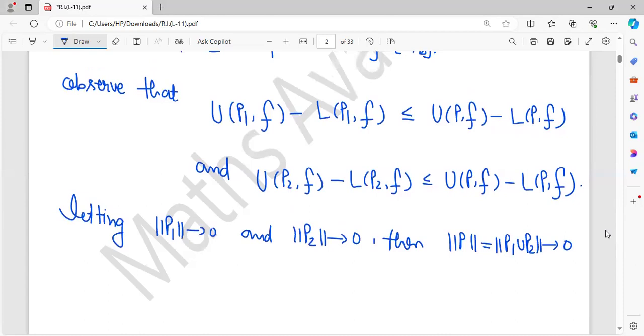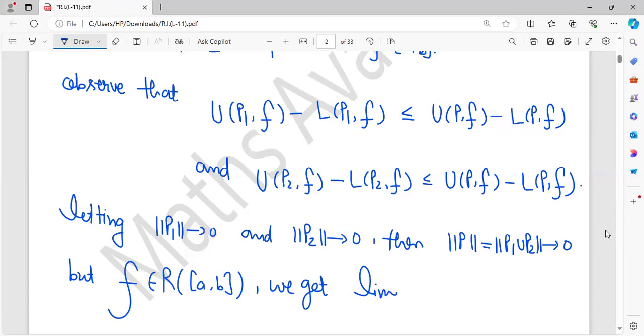So this implies, but f belongs to R[a, b], we get the limit as norm of P tends to 0 of U(P, f) minus L(P, f) is equal to 0.